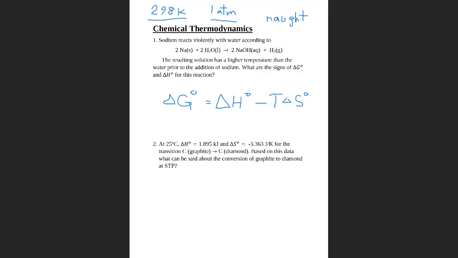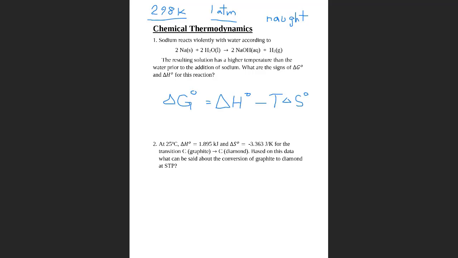In fact, I'm going to give you an example of a really, really slow spontaneous reaction: the conversion of graphite to diamond. Obviously, graphite is a very cheap material, and diamond is very expensive.